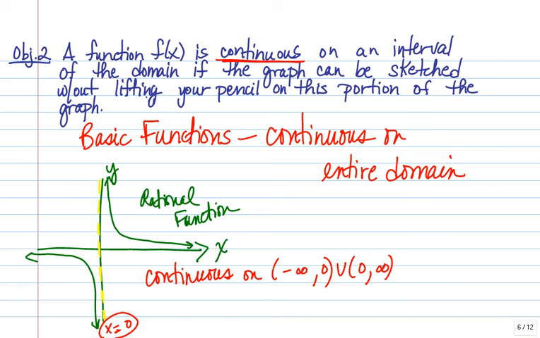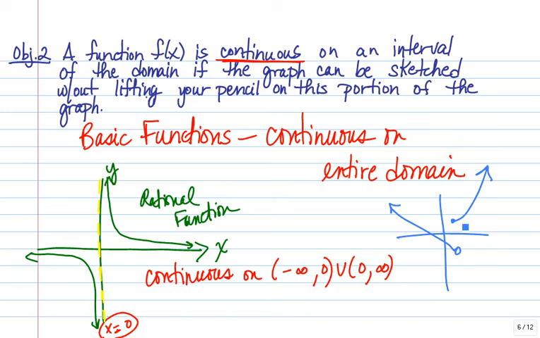Another type of function that's not continuous, you'll see maybe an example where you have, oops, let me make that an open circle here. Something like that where you have a gap in the graph. So it's continuous on this piece and on this piece, but not over the entire domain.